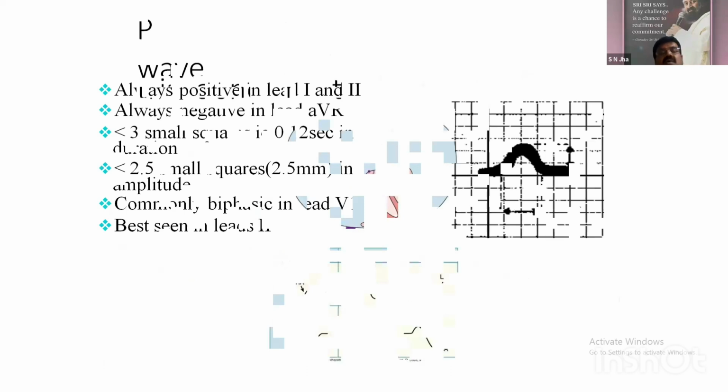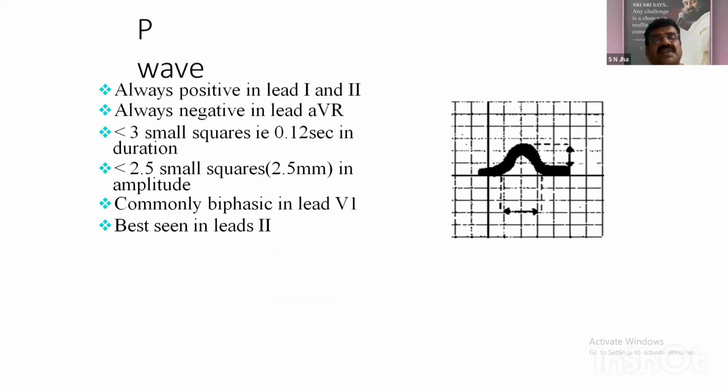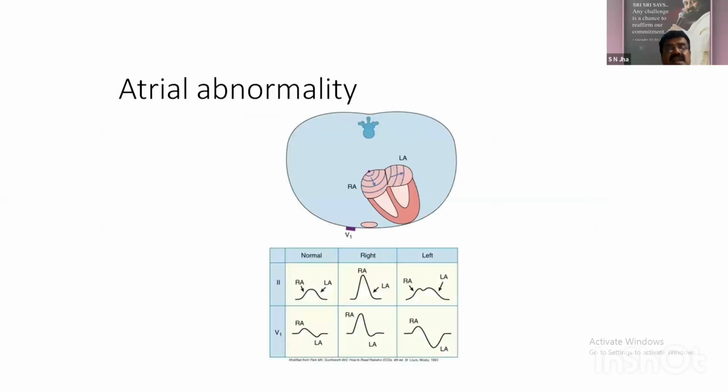P wave is always positive in lead 1 and lead 2, always negative in lead aVR. They have shown that beautifully. It is less than a small square in duration and less than 2.5 small squares in amplitude or height. Commonly a biphasic P wave is seen in V1. P waves are best seen in lead 2 and V1.